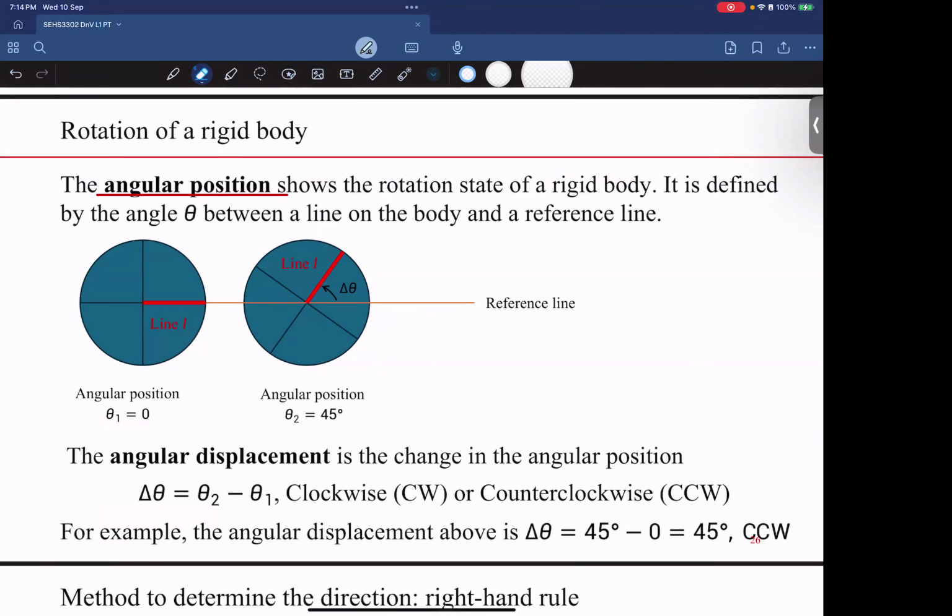Okay, so this is the rotation of a flywheel, right? Also check the rotation, right, in this manner.